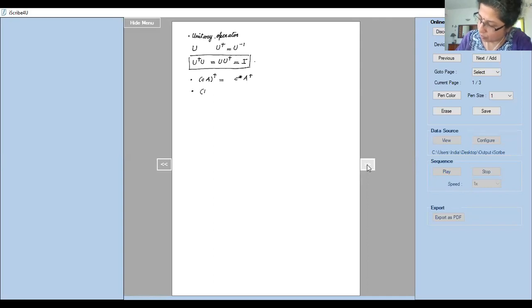Also, if you try to do it for a sum of two operators, you will get A dagger plus B dagger. And if you try to do it for a product of two, you will get B dagger A dagger. So this is what you need to remember.